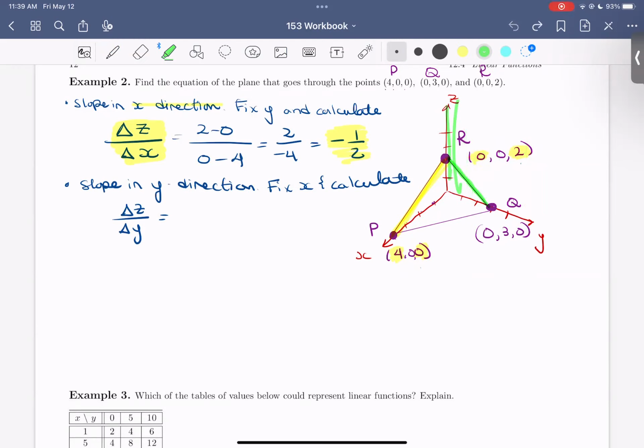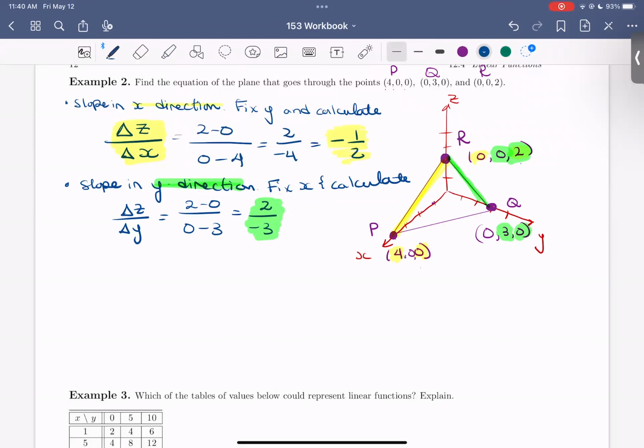We can compute the slope of that line to tell us the slope in the y direction. We look at the z and y coordinates here. The change of the z coordinates is 2 minus 0. The change of the y coordinates is 0 minus 3. So we get negative 2/3. Now we have the slope in the y direction.